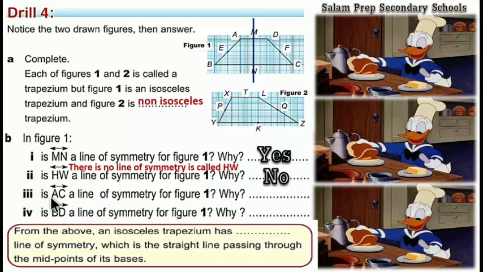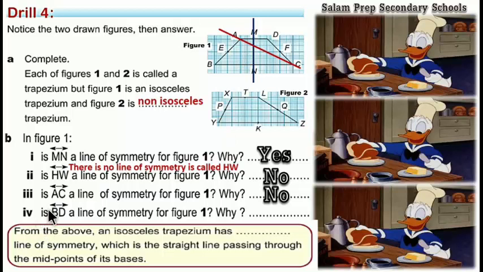Is straight line AC a line of symmetry for figure 1? Why? Straight line AC is not a line of symmetry for figure 1 because there are not two congruent figures. These figures are non-congruent. Okay?